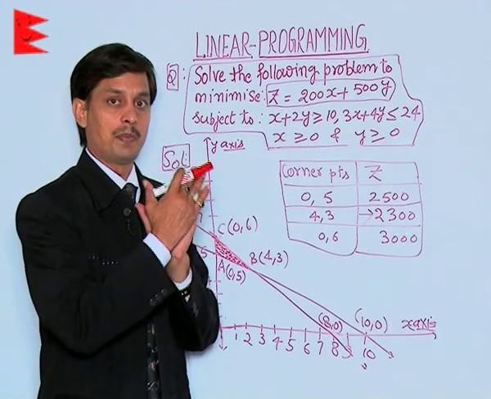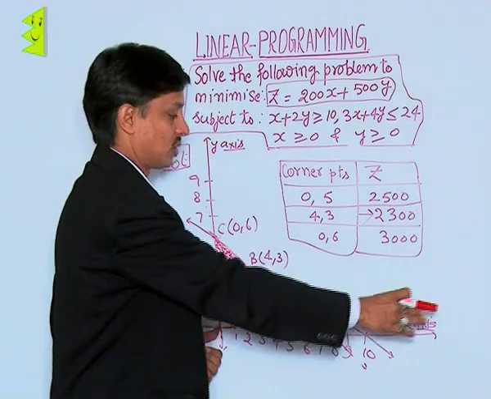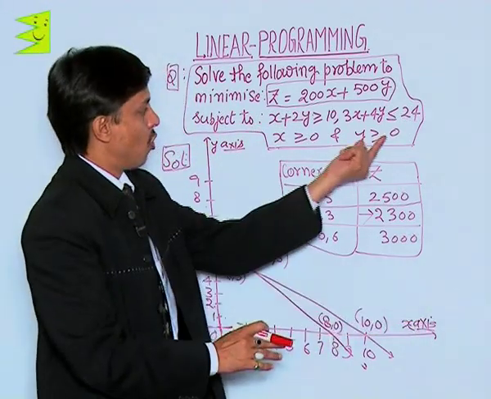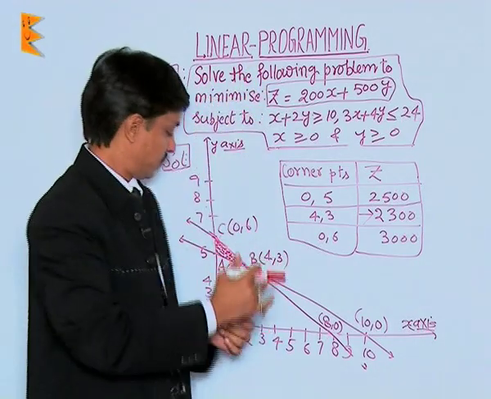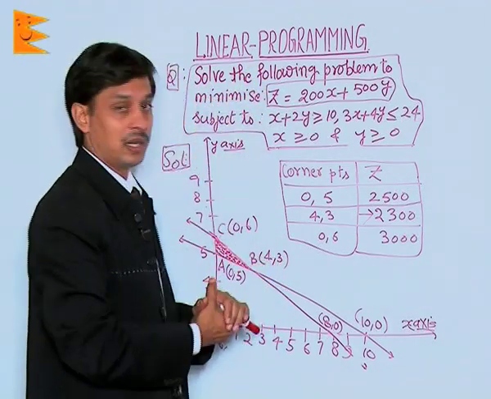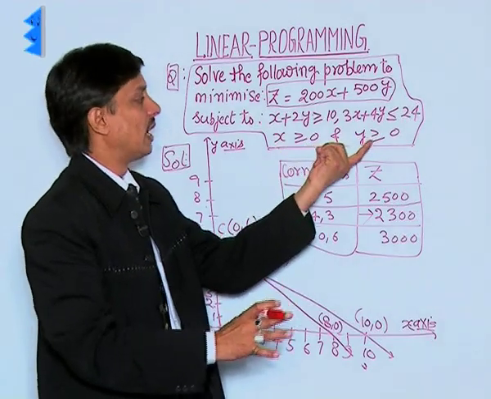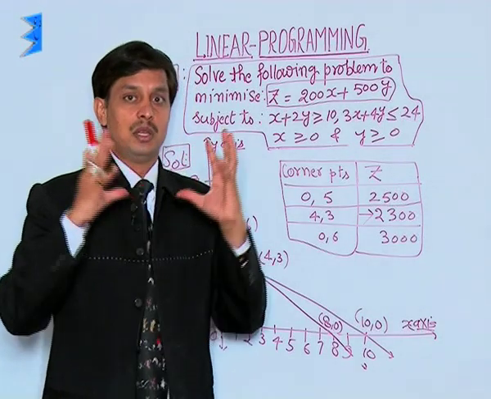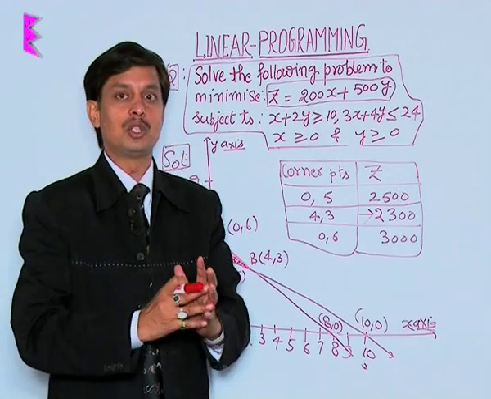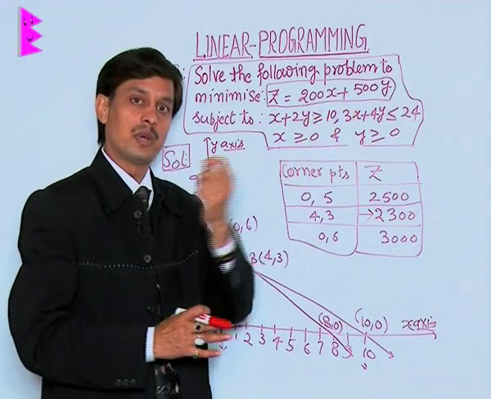It means that the positive part, that is right side portion of x-axis from origin. y is greater than 0 means above the x-axis. So this is the positive side. Two constraints are already given, and with the help of these two constraints we can conclude that our feasible region, the answer zone, will be in the first quadrant, because this is the situation of the first quadrant.